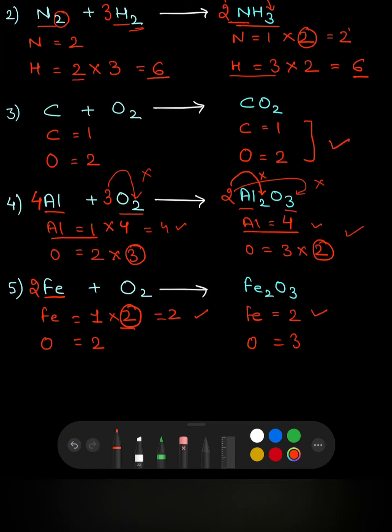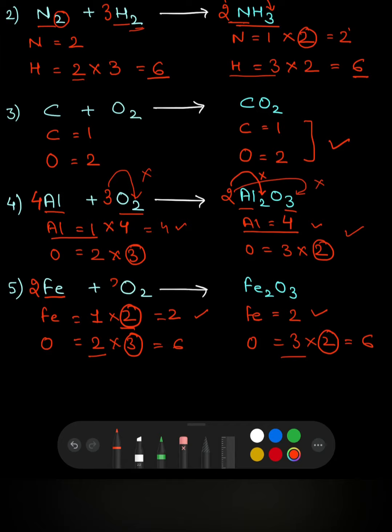Now the next atom is oxygen. On the left side there are 2 atoms of oxygen, whereas on the right side there are 3 atoms of oxygen. If we multiply 2 by 3 and 3 by 2, we have 6 equal atoms. Whatever number we have taken for multiplication, we have to write it as a coefficient in front of the respective atom.